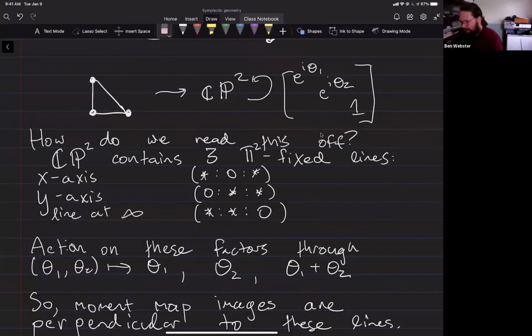And you can look at how the torus acts on these, and the kernels are given by, either you forget theta 2 when you act on the x-axis, you forget theta 1 if you act on the y-axis, and you only remember the sum of theta 1 plus theta 2 when you look at the line at infinity. And when you take the perps to these, I'm getting 1, 1, 0, -1, because we want to get the sign right, -1, 0.